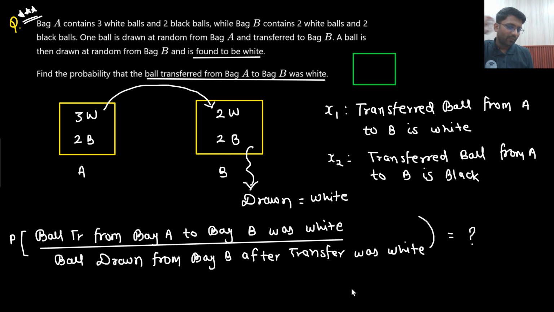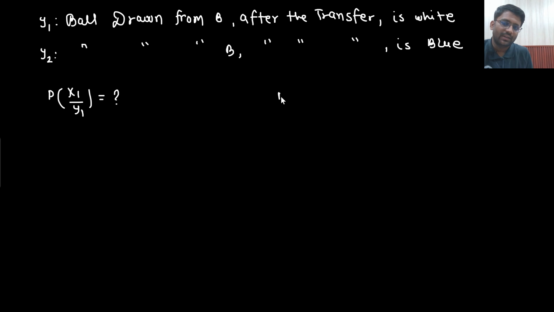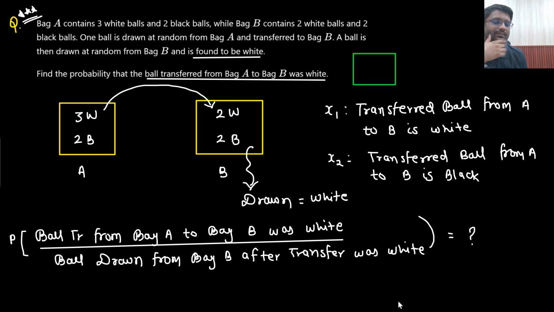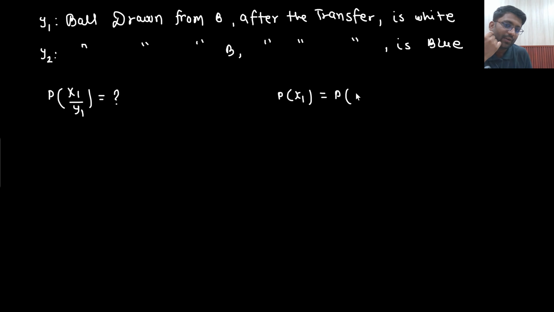So can you let me know what is the value of P of x1? Probability of transferring the ball from A to B and it turned out to be white. That means what is the probability of transferring a white ball from A to B?